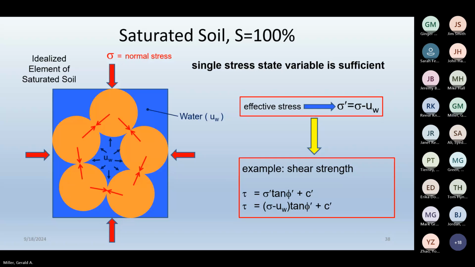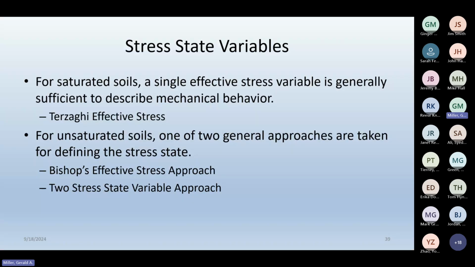So generally, these same principles, at least in terms of the idea of interparticle stress controlling behavior, are the same for unsaturated soils. It's just that the way they develop is different because now we have air in there.